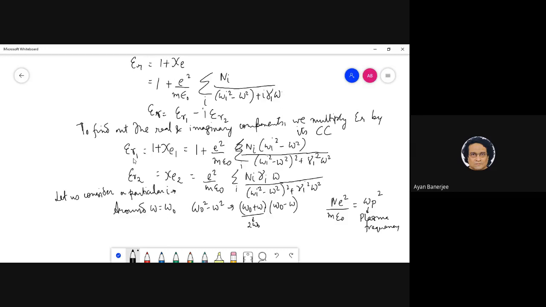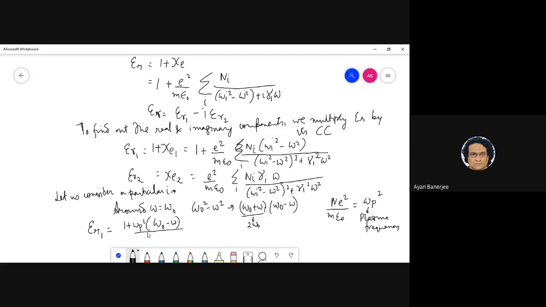So what we were saying was that we have this approximation. Then we can write this epsilon r1 as, again, please check if I'm right or wrong, because I worked these out.